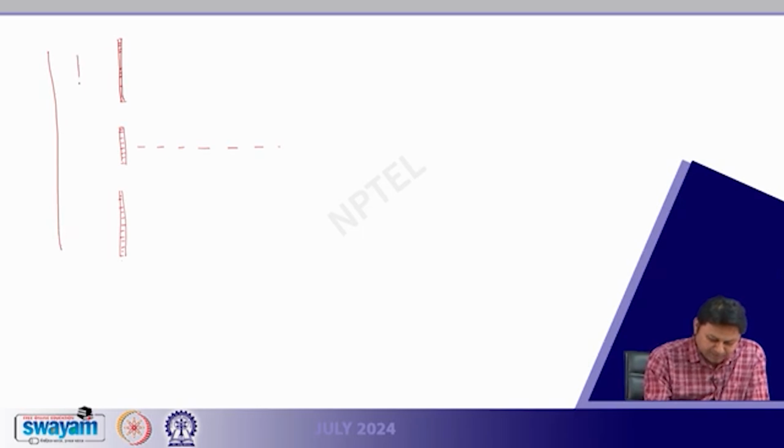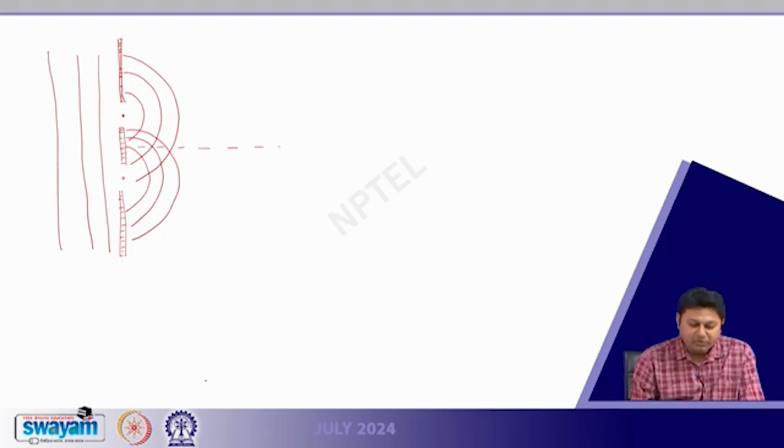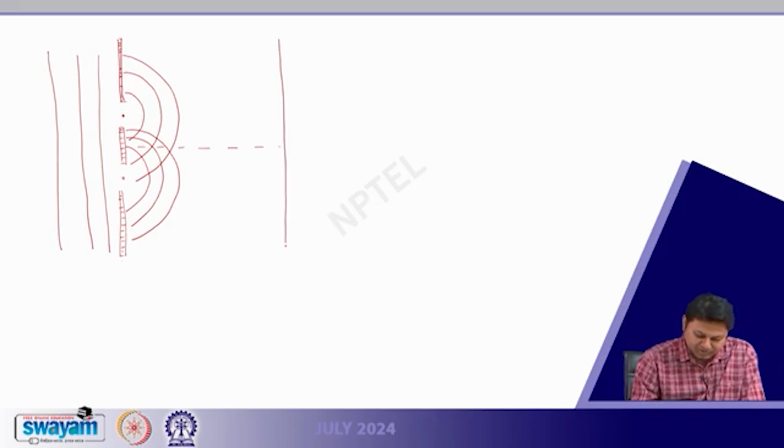Plane wave fronts are coming and reach this point, and from here we have wave fronts that are emitting. These two wave fronts emitting here will interfere over a long distance.